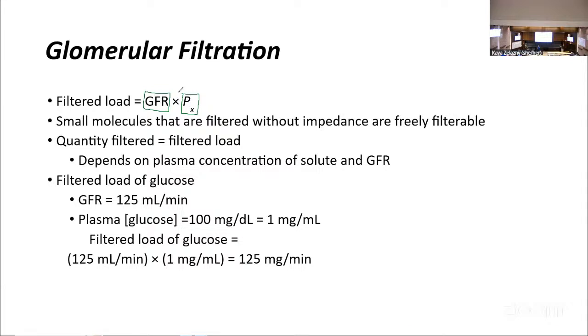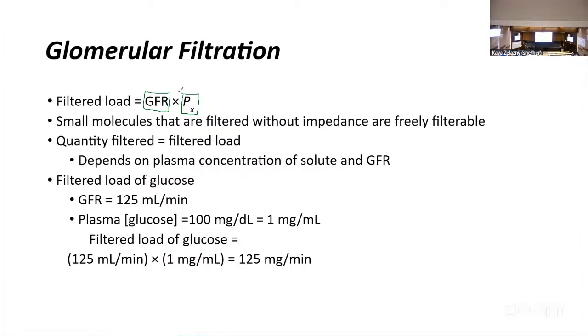So if you're looking at glucose, you'd multiply glomerular filtration rate times the concentration of the glucose in your blood plasma. If you're looking at some specific medication, it would be glomerular filtration rate times the concentration of that medication. If you're doing salts, glomerular filtration rate times the quantity of salt in your blood plasma. Hopefully pretty straightforward. So that's what our filtered load is.